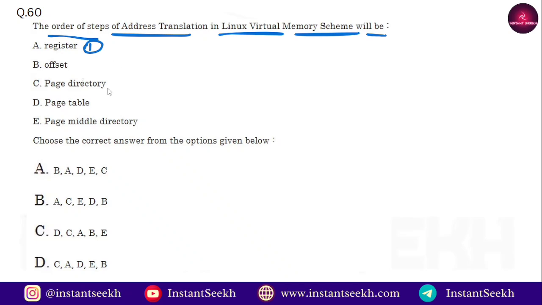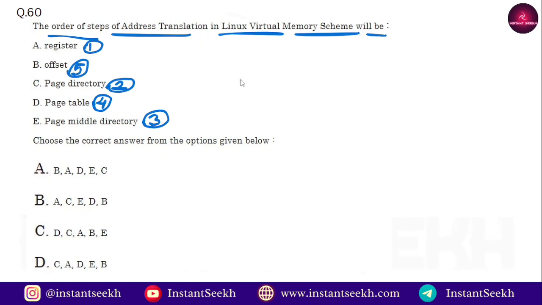Next comes the page directory, which is accessed using the base address stored in the register, to locate the page middle directory. Next comes the page middle directory, which is then used to find the appropriate page table. And at last, the offset within the page is used to access the exact memory location within the frame.